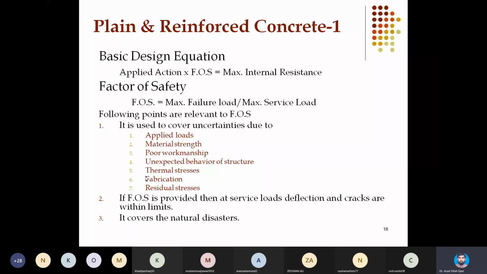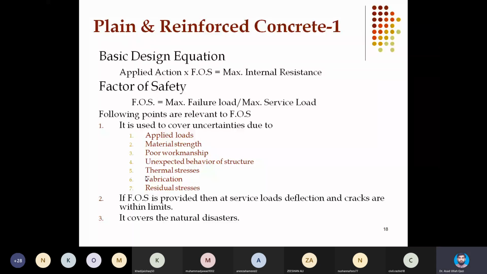Micro cracks, hairline cracks are permissible. So if there is a factor of safety, you will get this benefit that neither excessive deflections nor widened cracks will appear, and the structure will pass the serviceability checks.